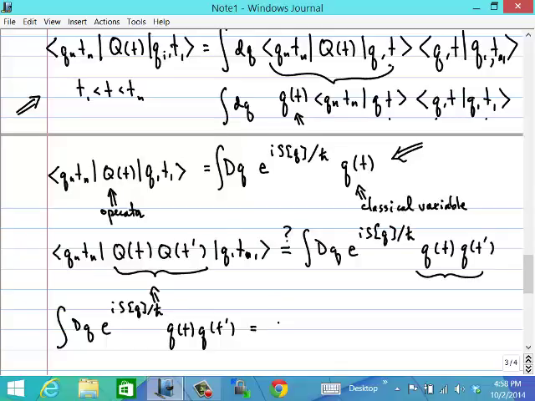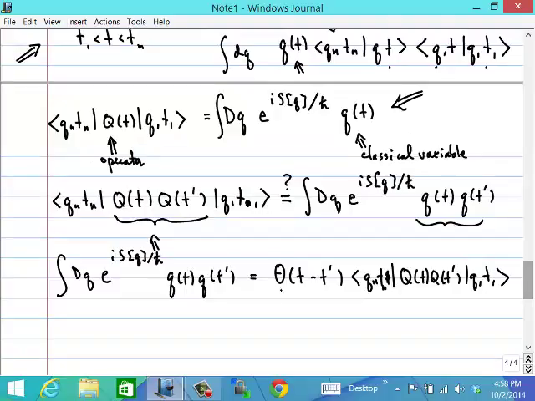Okay. So if t is bigger than t prime, you'll get the expectation value of q of t prime in the state q1, the matrix element of qt prime.